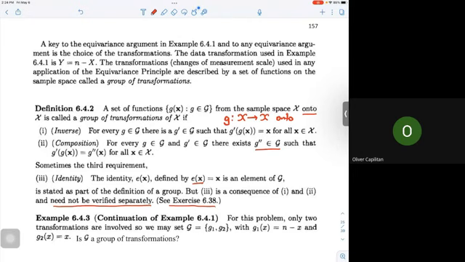So mathematically, we can write that for all y an element of the sample space script X, because the range is equal to the codomain, there exists an x an element of the domain, such that the image of x under g is equal to y.